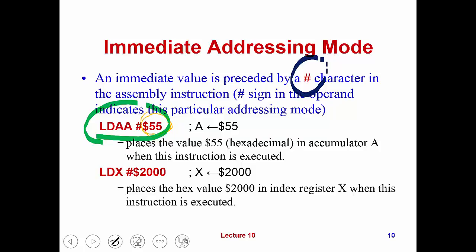Hexadecimal 55 is a numerical value, a constant data. We need to load this 55 in hexadecimal into A, accumulator A. So 55 is already a numerical immediate value we can use. So this simply says place value 55 in accumulator A.